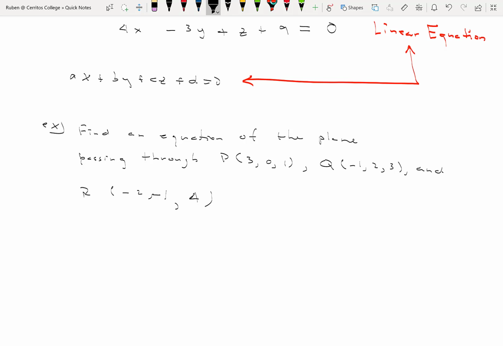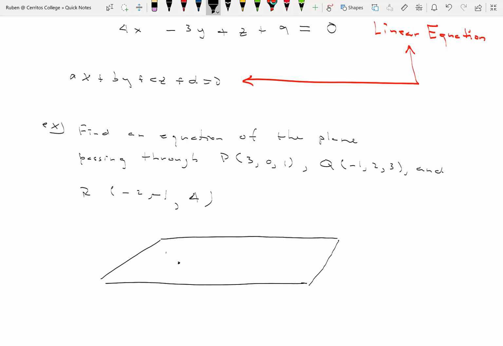Well, to find an equation of a plane, we need 2 things. A point in the plane. Well, we have overkill. We have 3 points. So we have more than we need for the point. But we also need a normal. We need a point, and we need a normal. We have 3 points, but no normal. How can we find a normal vector if we know 3 points?